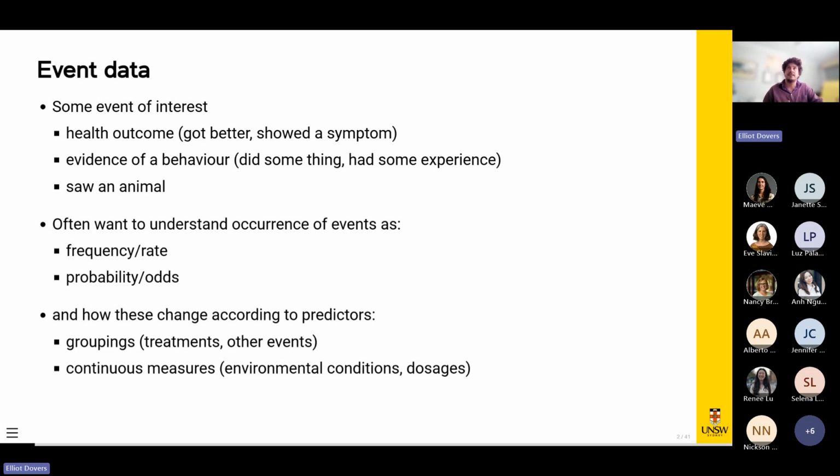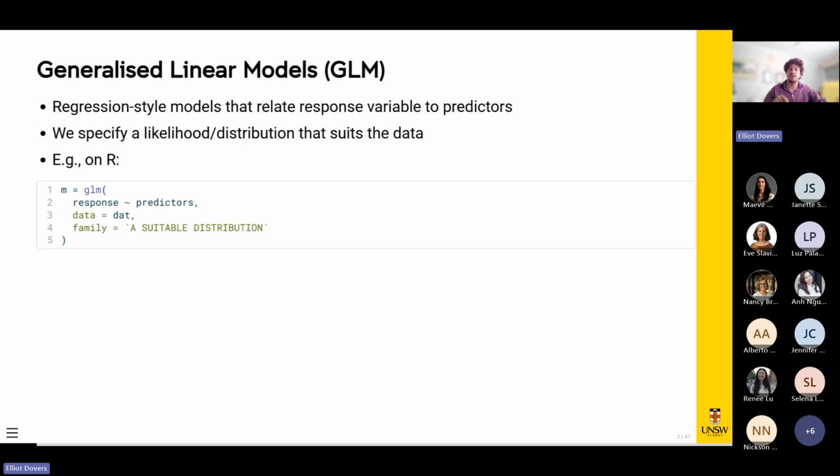And in this broad sense of looking at event data, we can then also start to think about what we really mean by rates and probabilities. Is it the rate occurring in a population? Is it the rate occurring over time, or the rate occurring in space? So these are all things to start thinking about your event data in broad brush terms.